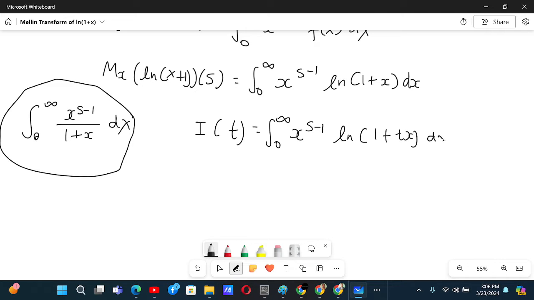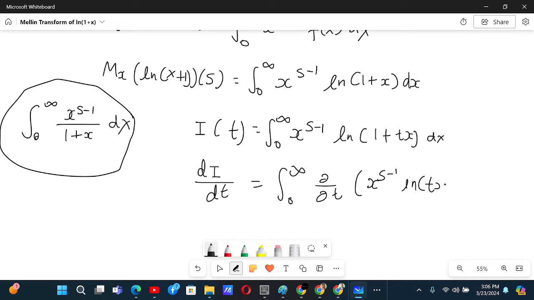So let us introduce t, making it ln(1 + tx). If you now differentiate with respect to t, when it goes inside the integral it becomes a partial derivative with respect to t. The x is just a constant when partially differentiated, and only t is the variable.